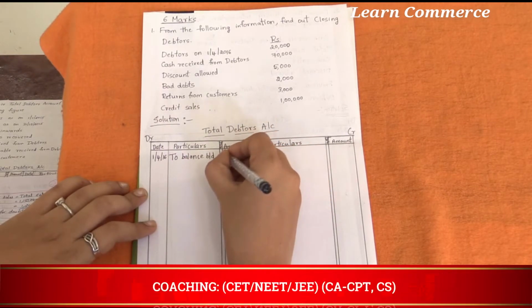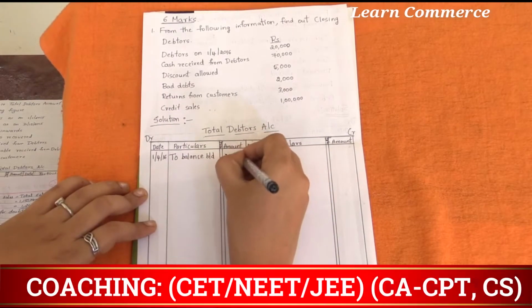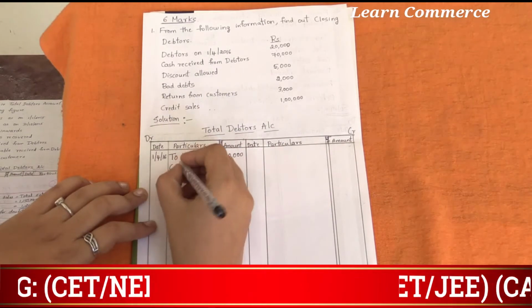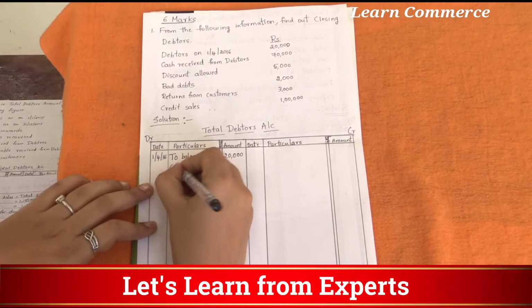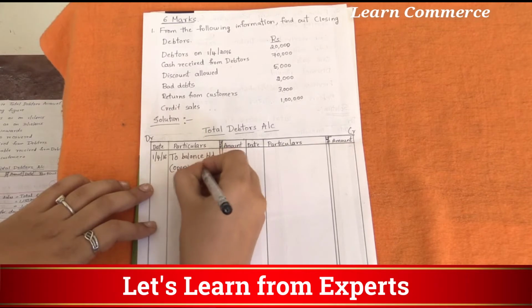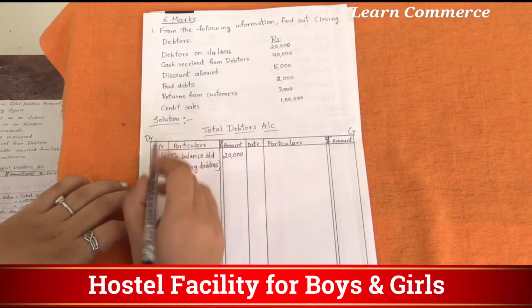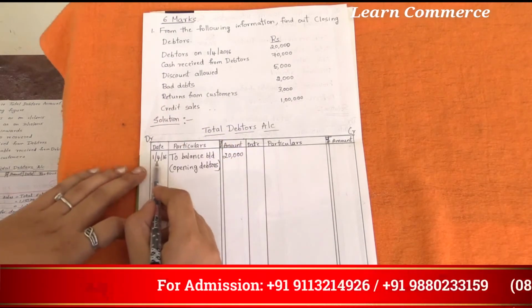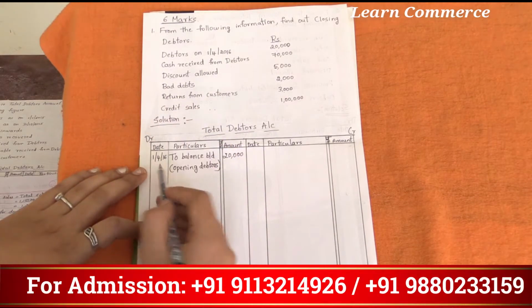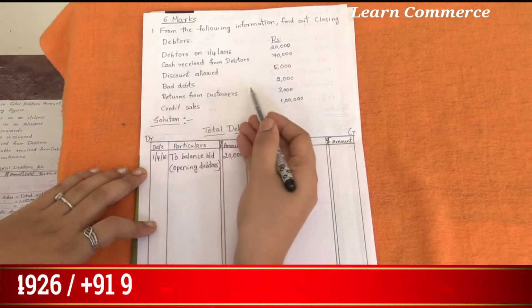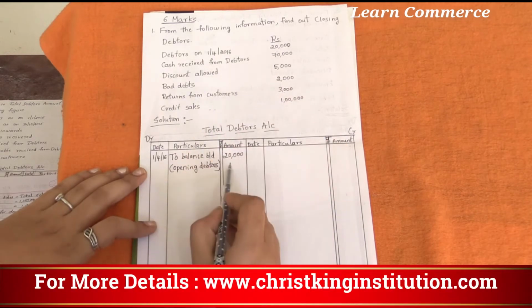How much? That is 20,000 rupees. So in bracket you have to write opening debtors. And in this problem, opening date and closing date are available. Remaining dates are not important and are not given in the problem also. Okay, first entry is finished.